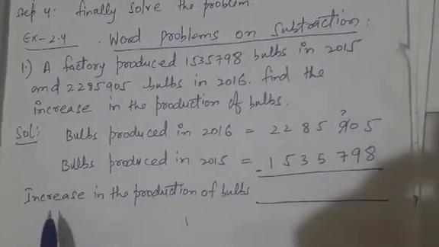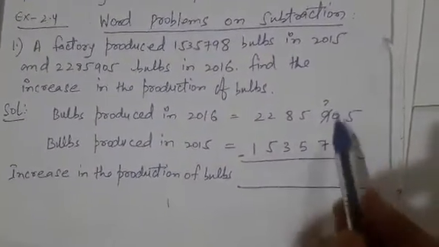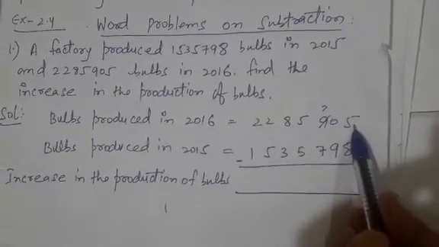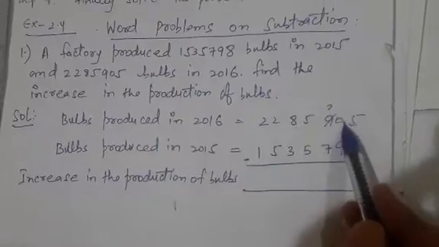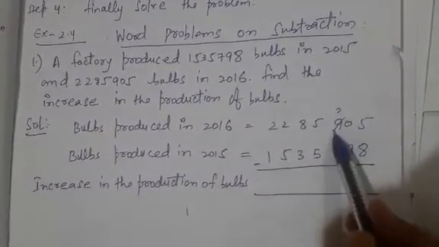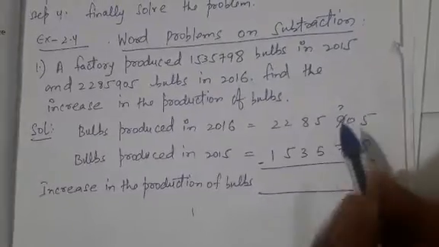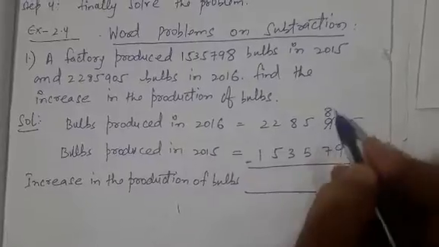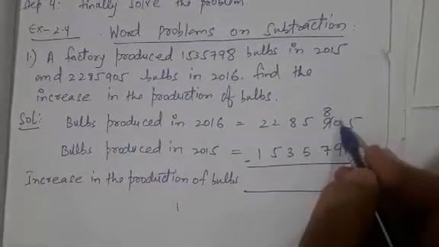Solution. Here we will subtract. We cannot subtract 8 from 5. So we'll borrow 1 from here. But we can never borrow anything from number 0. We will move on to the next number, that is 9. And 9 will become 8. And this 0 will become 9.